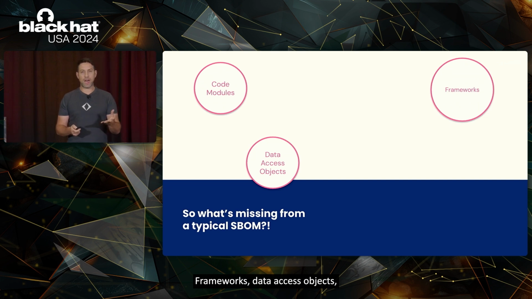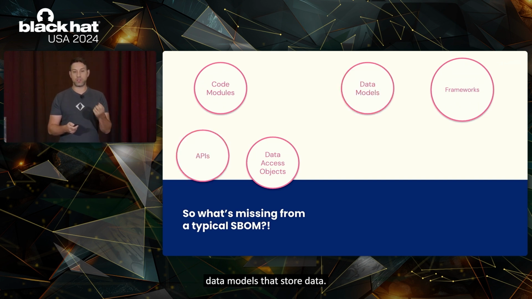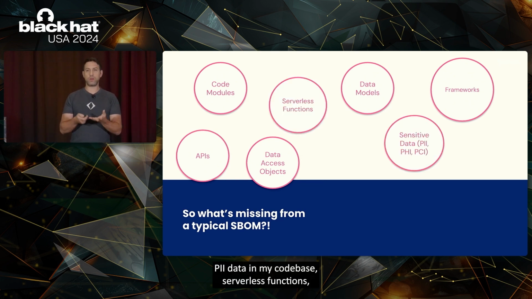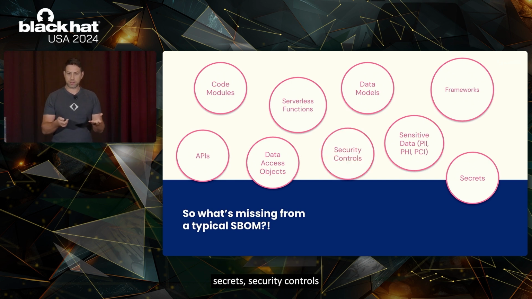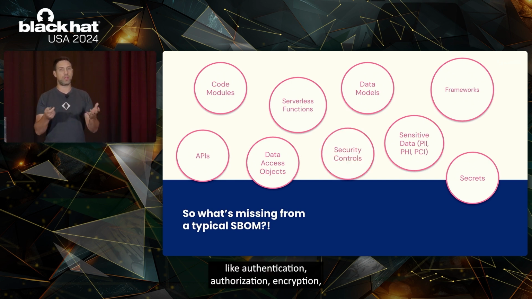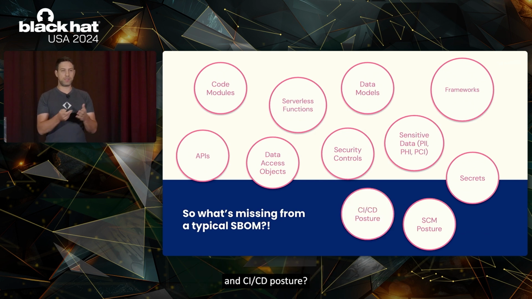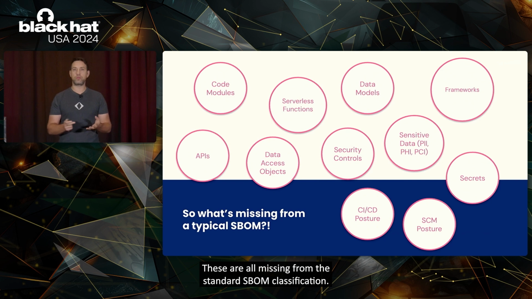Frameworks, data access objects, data models that store data, APIs in my code, PII data in my code base, serverless functions, secrets, security controls like authentication, authorization, encryption, and what about my source control manager security posture and CI/CD posture? These are all missing from the standard SBOM.